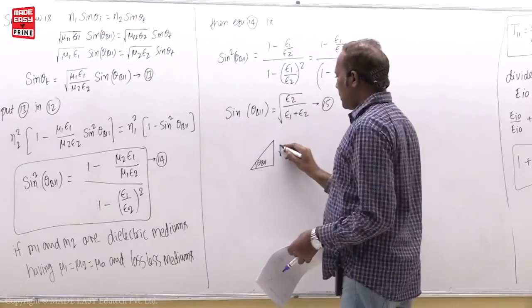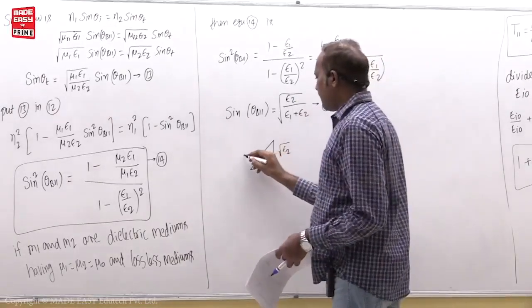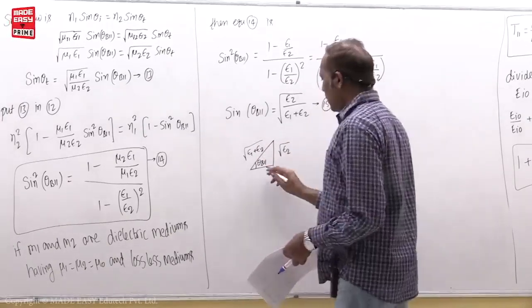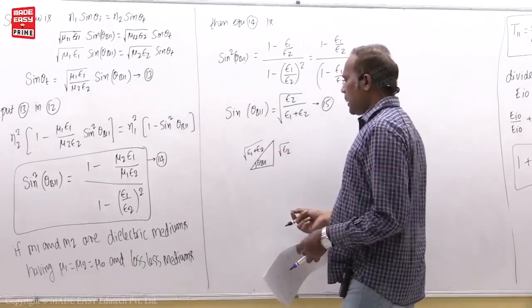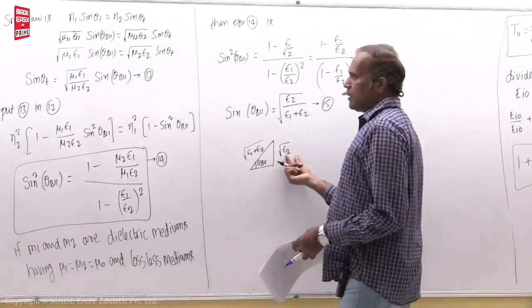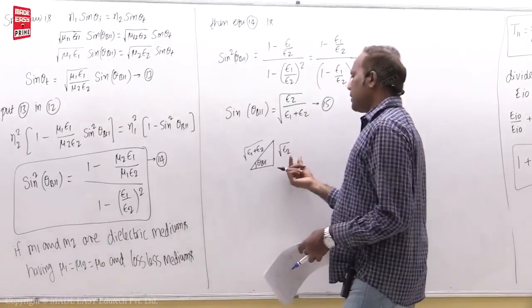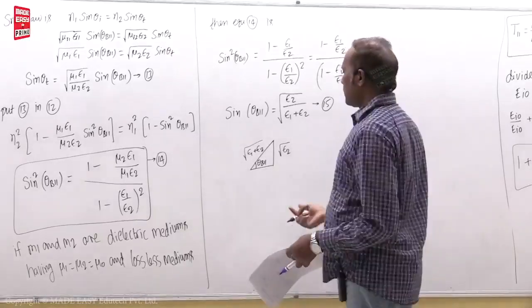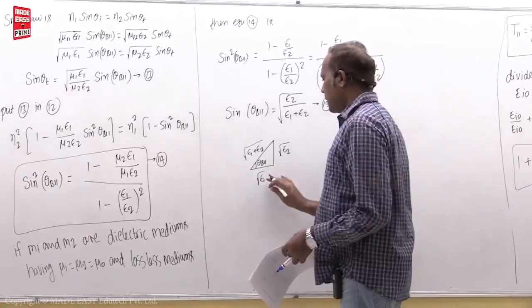This one is opposite, and this one is hypotenuse, epsilon 1 plus epsilon 2. And now adjacent is equal to what? Hypotenuse square minus this square, that means epsilon 1 plus epsilon 2 minus epsilon 2, you get epsilon 1. Again you have to take root, so you get root epsilon r1.